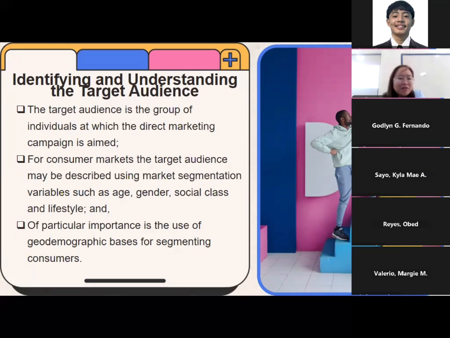This can be defined by factors like age, gender, income, lifestyle, and even location. Companies use this data to segment their audience into groups with similar characteristics, which helps in creating tailored marketing messages. For example, companies can use census data to group households based on various factors like income or family size. By doing this, they can target their marketing efforts more precisely, and they can ensure that their messages reach the right people.